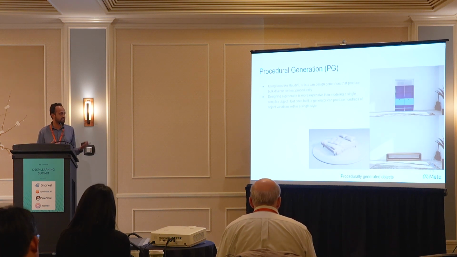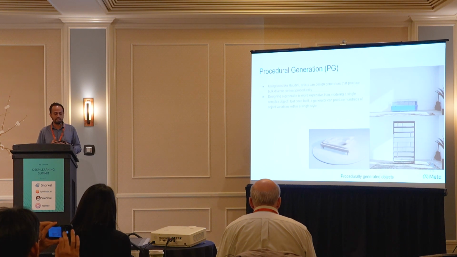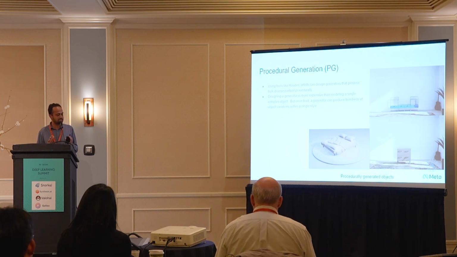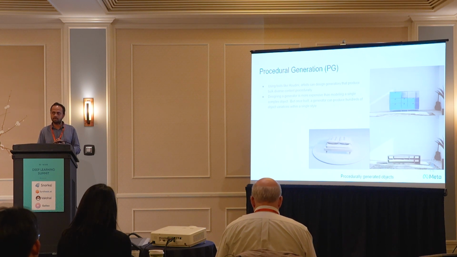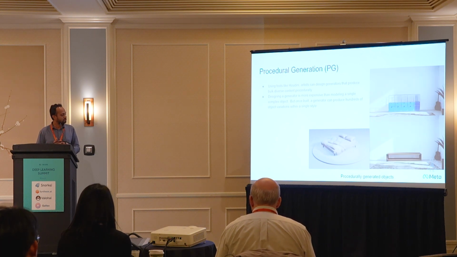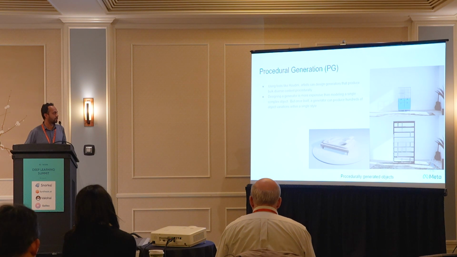In this case, we're showing some 3 examples, which have been randomized or created using Houdini-like tools, using procedural generation. Creating a generator is expensive, but once you have a generator for an object of interest, you can create a very large amount of diversity. So this is an effective technique for scaling your content creation and bridging the gap from the real world.